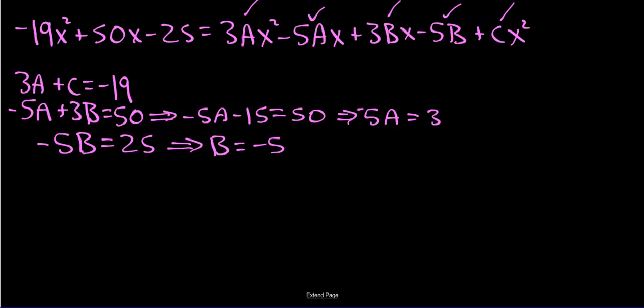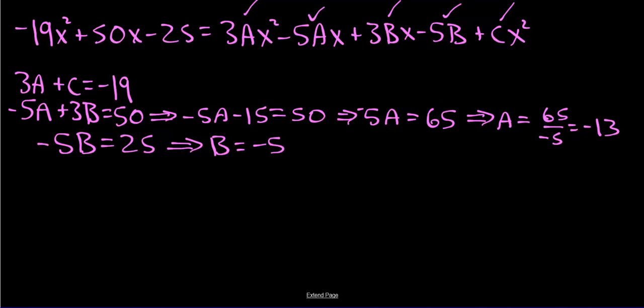Oh, no, not 35. Look at that, 50 plus 15, that's 65. Yeah, like that. Almost made a mistake there. So then a is equal to 65 over negative 5, which is negative 13. Okay, so a is negative 13.